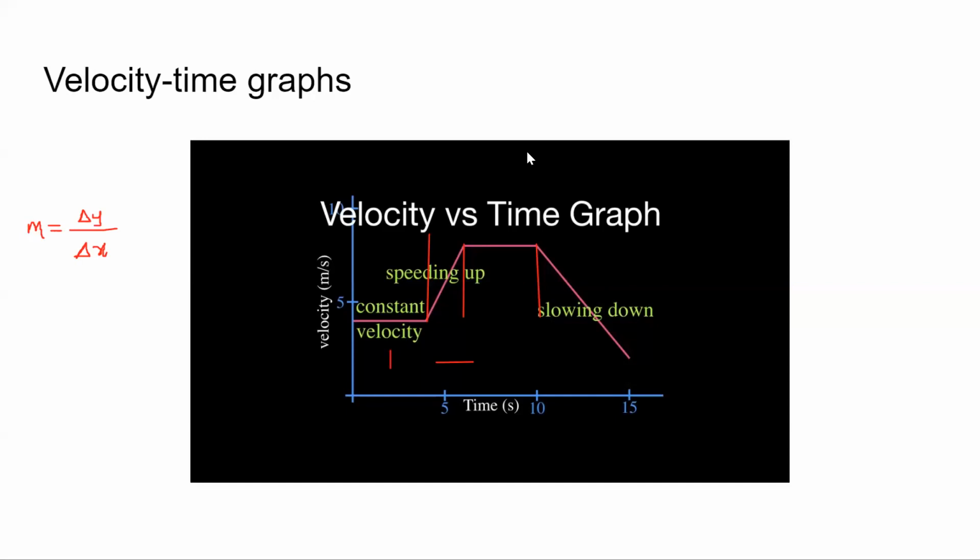So what is the slope? Delta y over delta x. So we're just going to look at the units. Meters per second is the y unit, and the x is seconds. So you're dividing by seconds, and it would be meters over seconds.